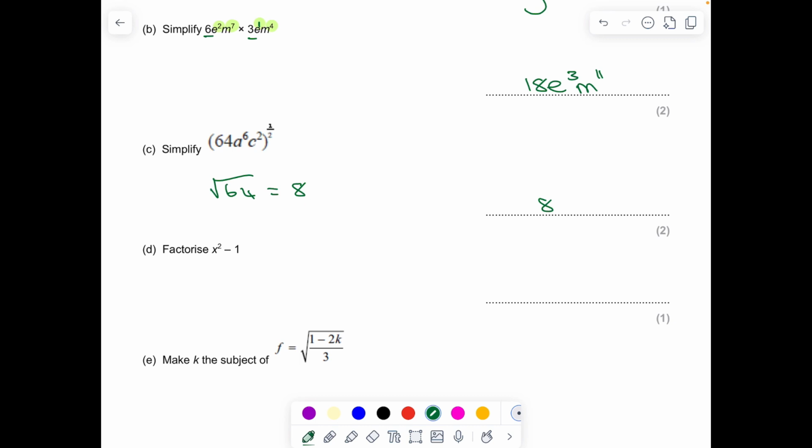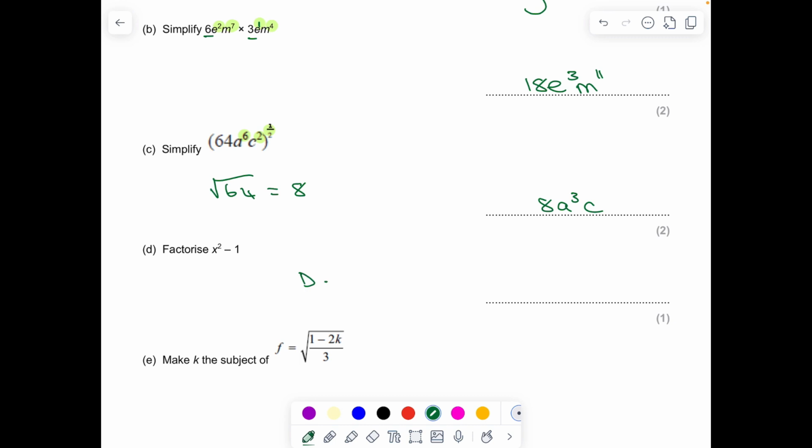Then, because it's in brackets, we multiply the indices, so we do 6 times a half, and 6 times a half is 3, so that becomes a to the power of 3. Then we've got 2 times a half, which gives you 1. So we just write c to the power of 1, or just c.